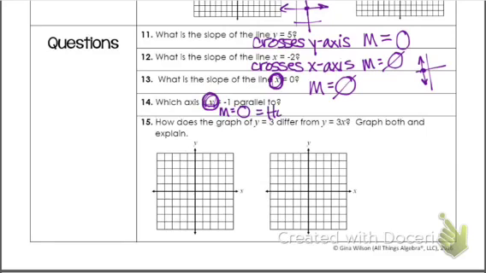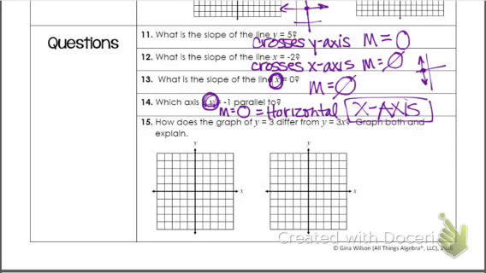Hopefully you said that's horizontal. Which axis is horizontal? The x-axis.